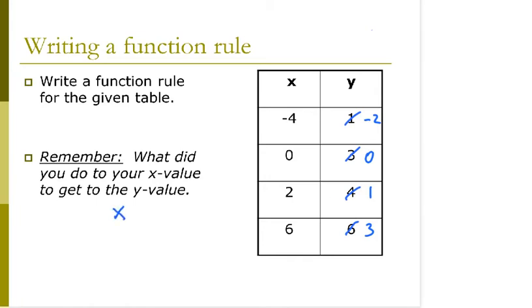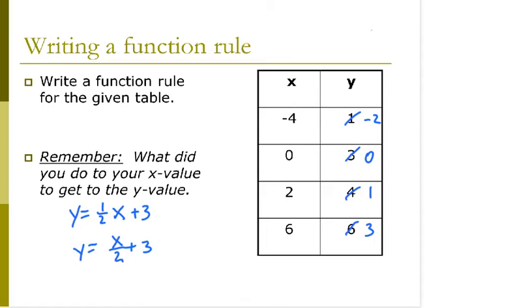We said that we're also adding 3. And when we do that, we're going to end up with our y values. So it appears that y equals 1/2 x plus 3, or y equals x over 2 plus 3, which both mean the same thing, is going to be what we need in order to apply our function rule.